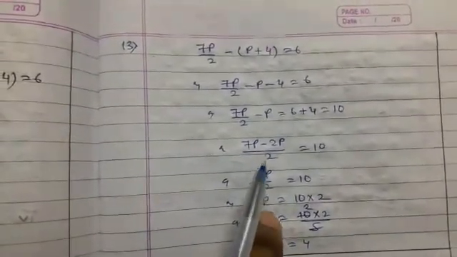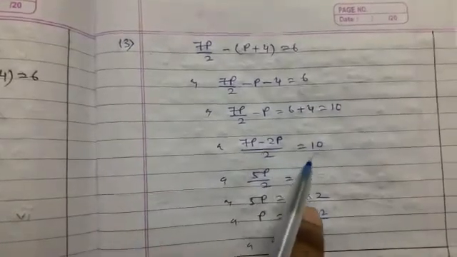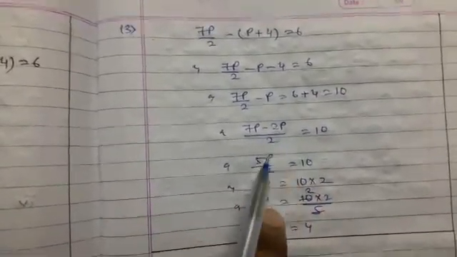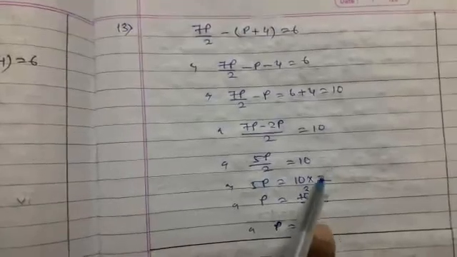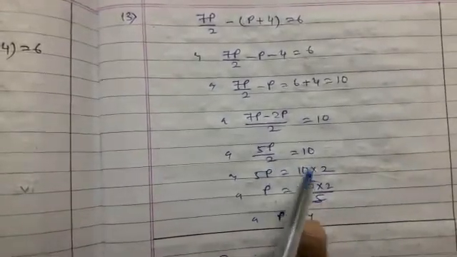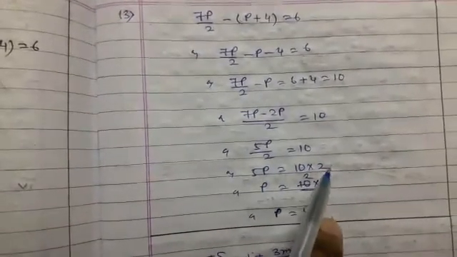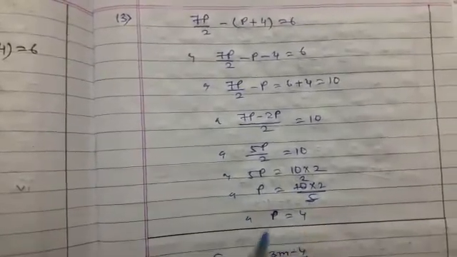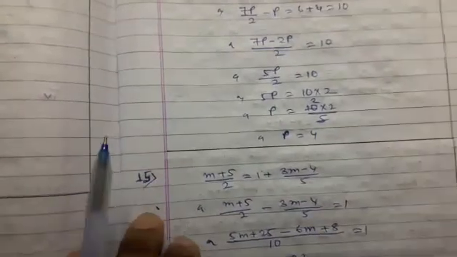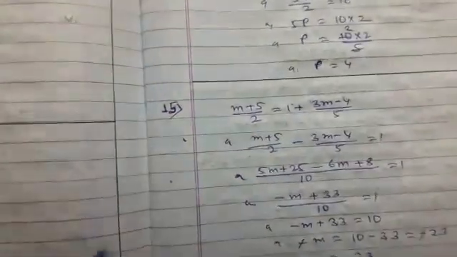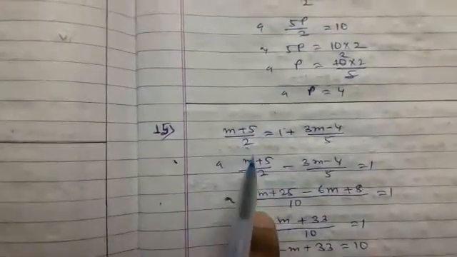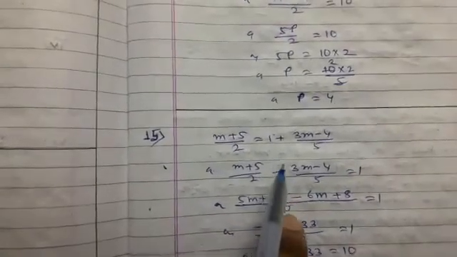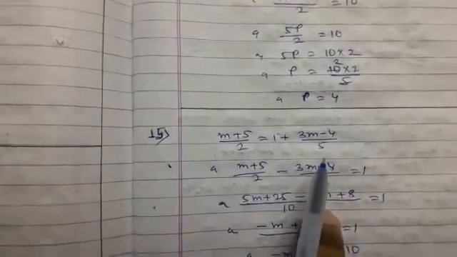So 2 is the LCM, so (7p - 2p)/2 = 5p/2. Now again I have done the cross multiplication, so 5p = 2 into 2, so p = 4/5 is the required solution.